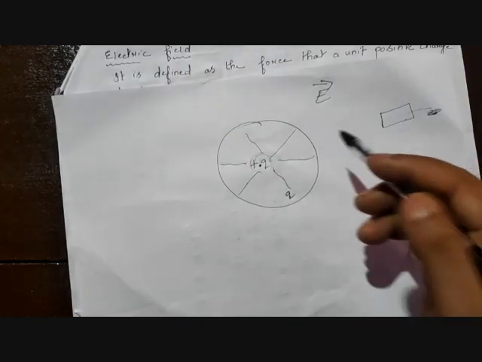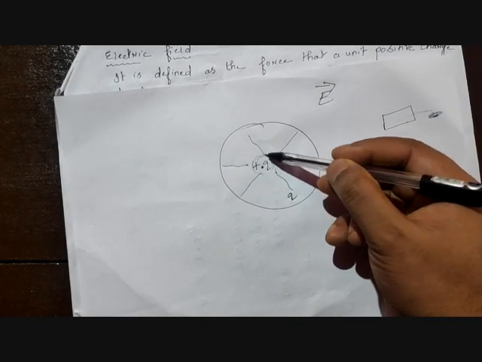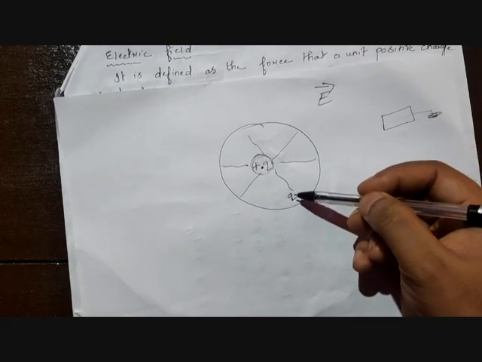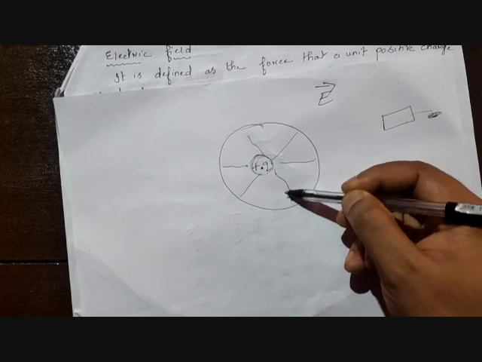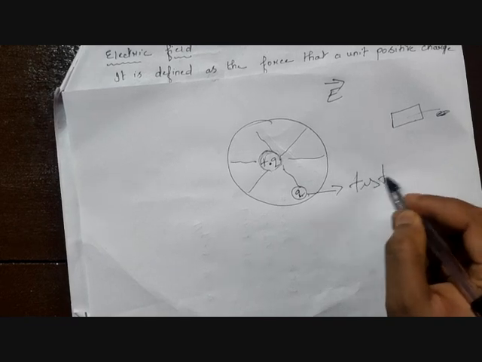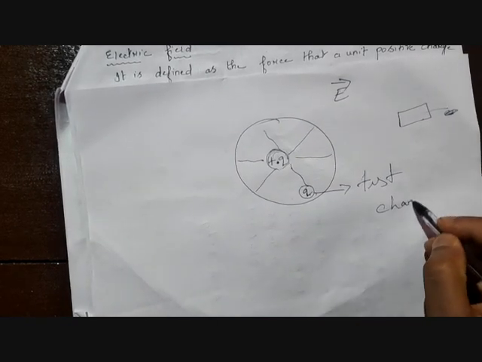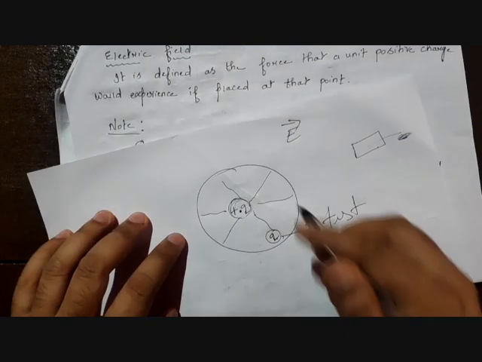So who is producing the electric field? This one, so this is the source charge. And who is experiencing this force? This one, so this will be your test charge.